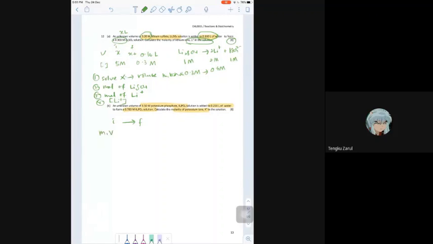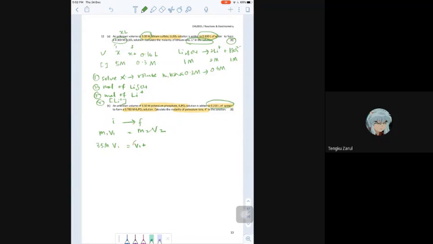We know that initial M1V1 is equal to M2V2. Initial volume we don't know. But we know that M1 is 3.5 molar multiplied with V1 is equal to V1 plus, dengan it is added to 0.21 liter.